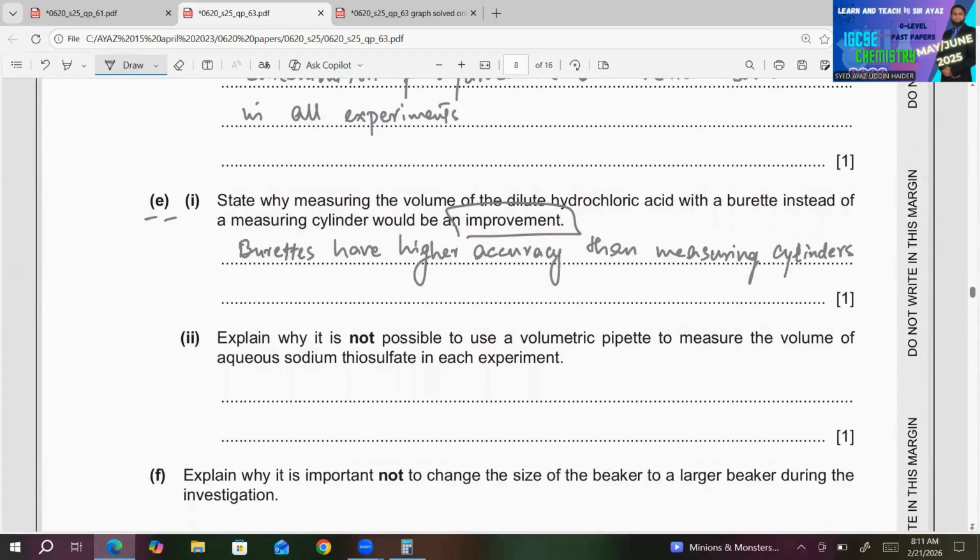2. Explain why it is not possible to use a volumetric pipette to measure the volume of aqueous sodium thiosulfate in each experiment. You see, the volume of sodium thiosulfate is not constant or not fixed. That's why we need to use a burette, not a volumetric pipette.